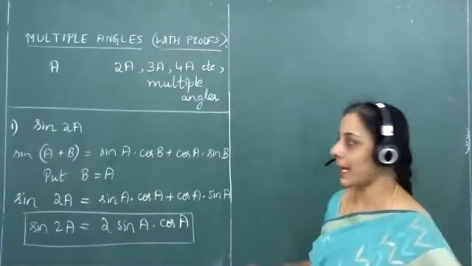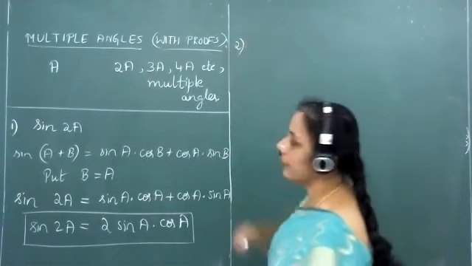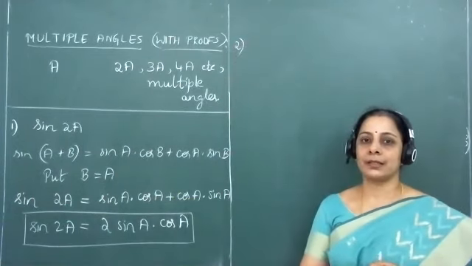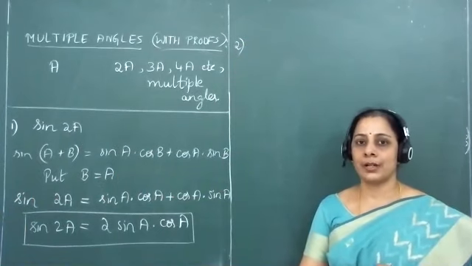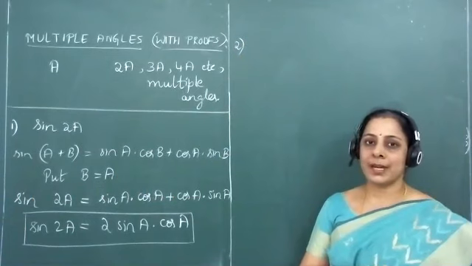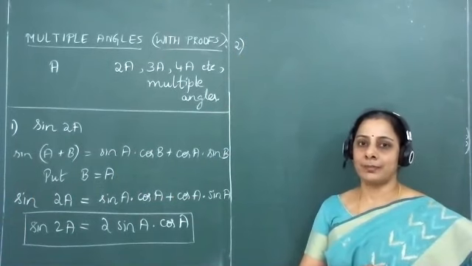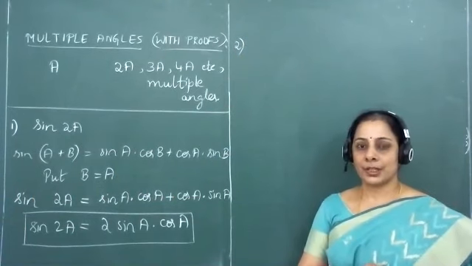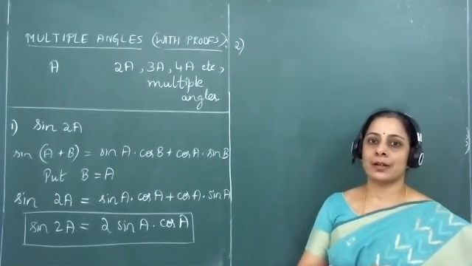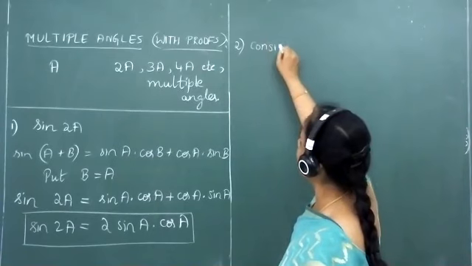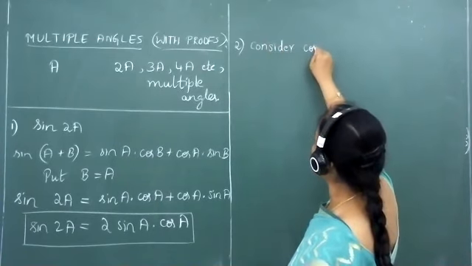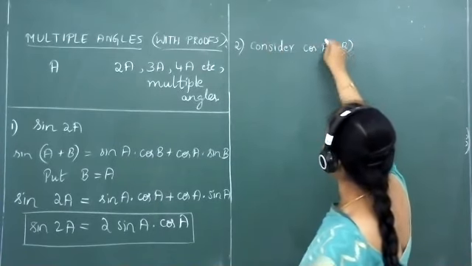Similarly, if I have to arrive at the expression for the second multiple angle formula, cos 2A, then I must be using a similar compound angle formula, which obviously is cos of A plus B. So now let us consider cos of A plus B. Let us recollect the formula.